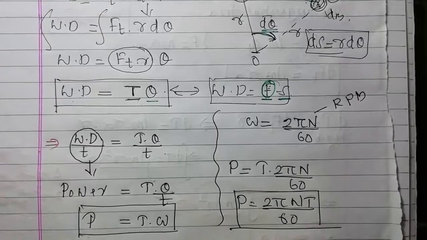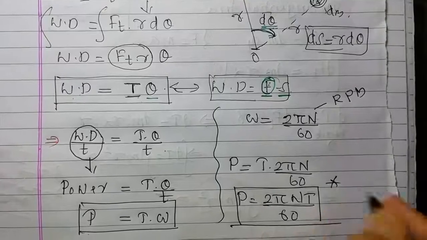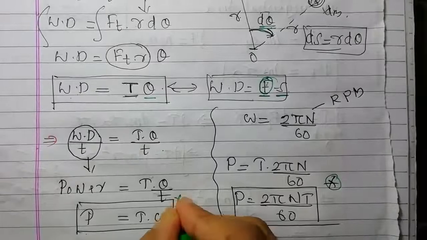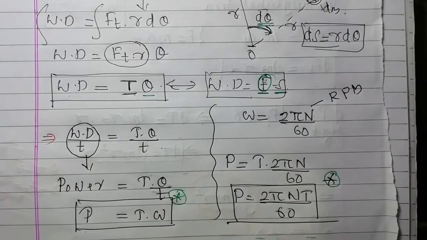Power is equal to 2 pi n T by 60. Another expression for power, T omega or 2 pi n T by 60. Okay, so the expression for work done is also over.